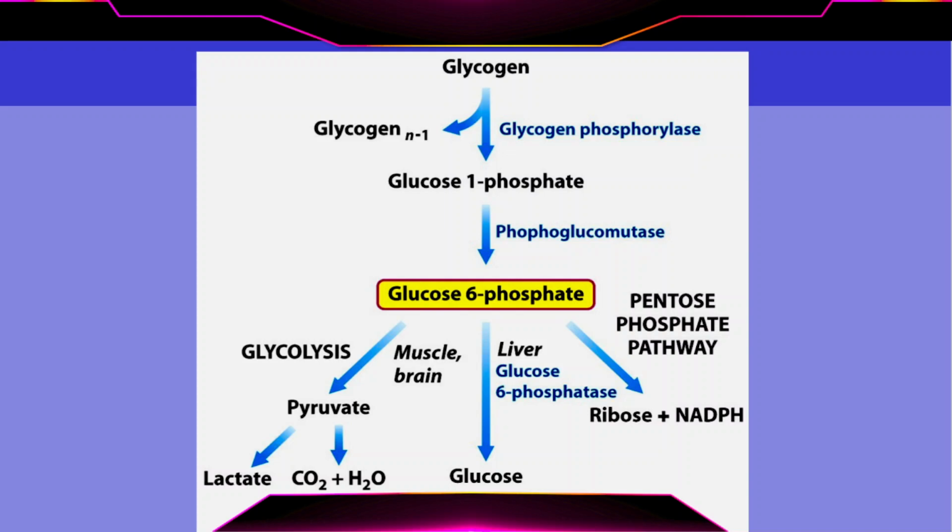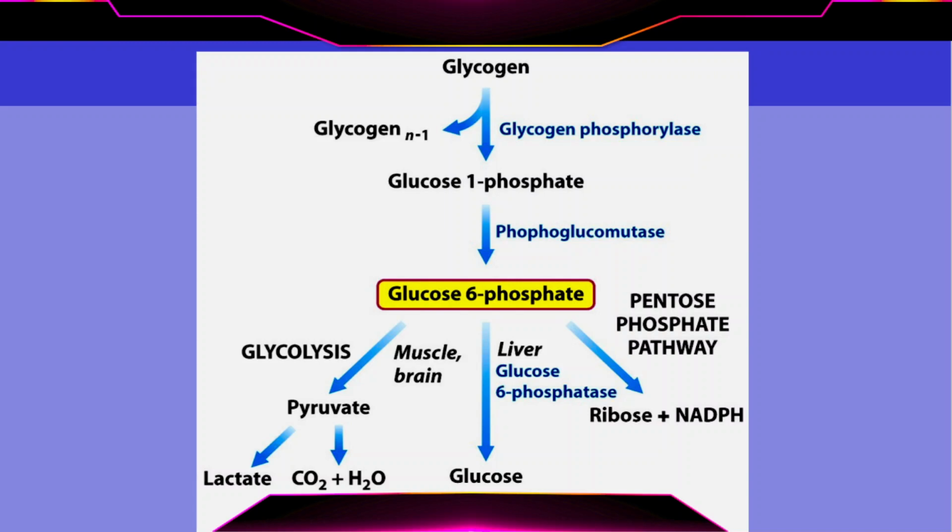And a lot of times, instead of breaking it down to glucose, we break it down to glucose 1 phosphate. Now, why would we do that? We would do that because glucose 1 phosphate is a molecule that's ready to be converted into energy. Glucose is not, and we'll talk more about it when we get to glycolysis.